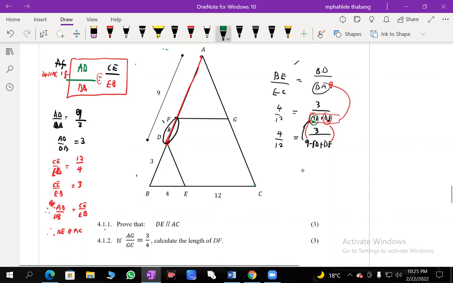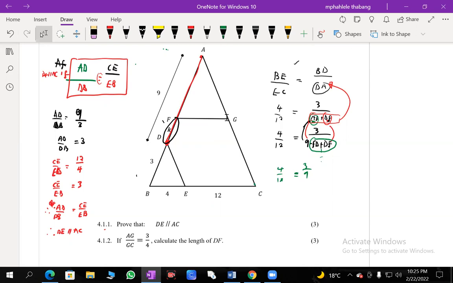Now, oops, your variable is gone. Minus FD plus DF is going to create 0. You're going to be left with 4 over 12, equal to a little over 9. So you can solve DF.